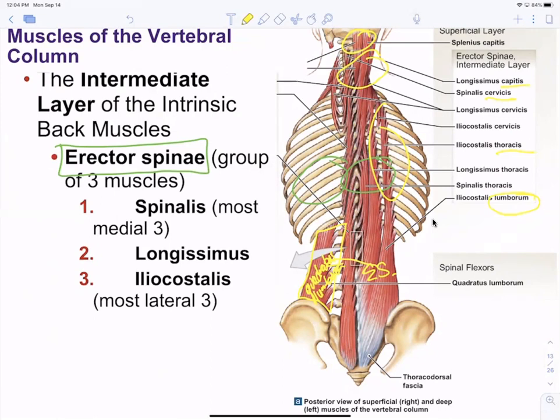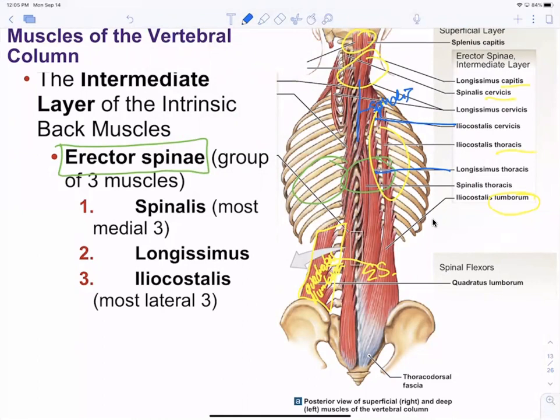So the ones that are closest to the midline are going to be the spinalis, the ones that are near the spine or the spinous process. And then the next one over would be iliocostalis. And then the most lateral here is longissimus. They just kind of go in order.